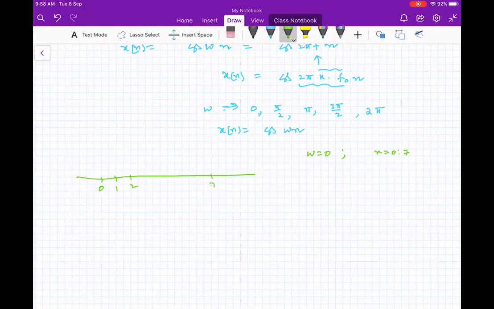So how does the signal x of n look for omega equal to 0 and n from 0 to 7? Quick answer is required. It is cos of what? 0. It is 1 for any n value. So it doesn't depend upon n. It's all 1.